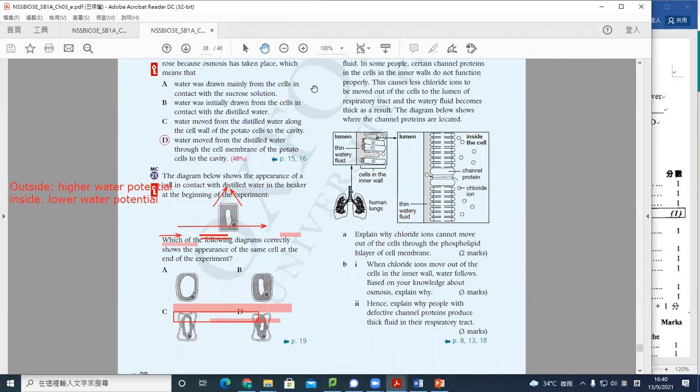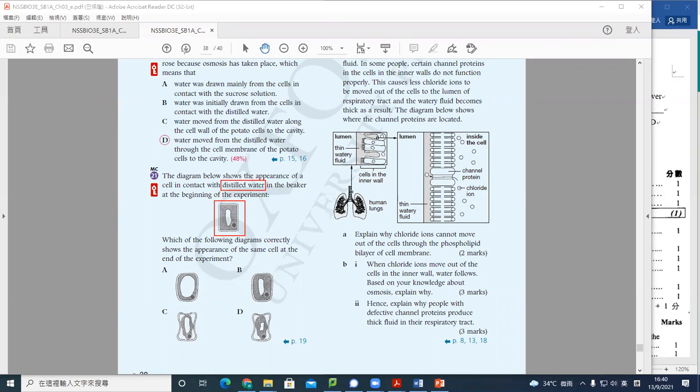21. You can see when we put this cell in distilled water, distilled water has the highest water potential.